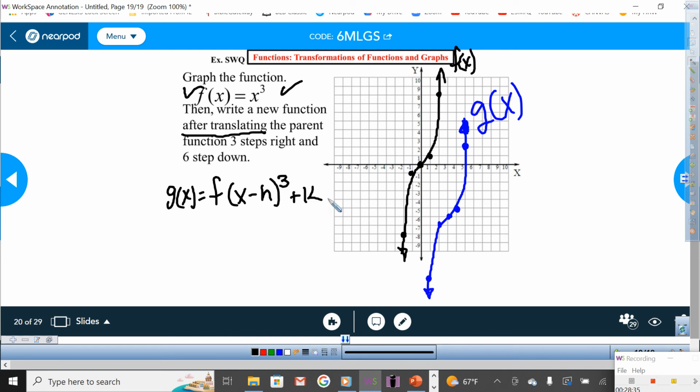So you write your rule first, and then you substitute the values. What do I substitute? Give me at least one number, and where do you want me to substitute it? There's only 2, 3 or 6. 3 steps right or 6 steps down. Which one do you want me to substitute and where?